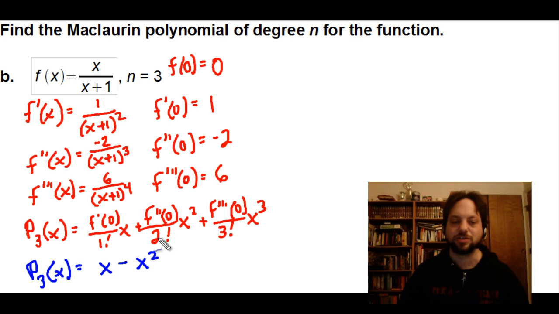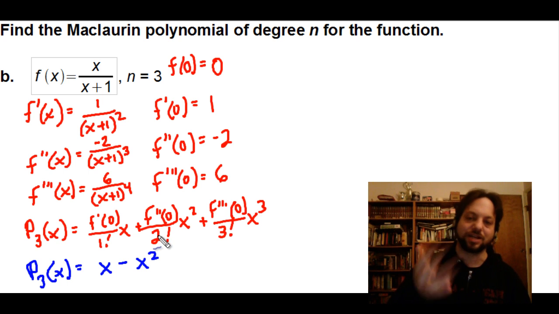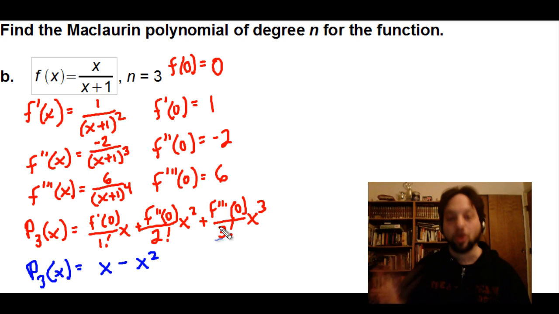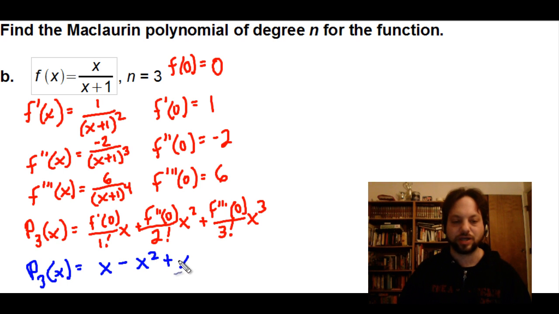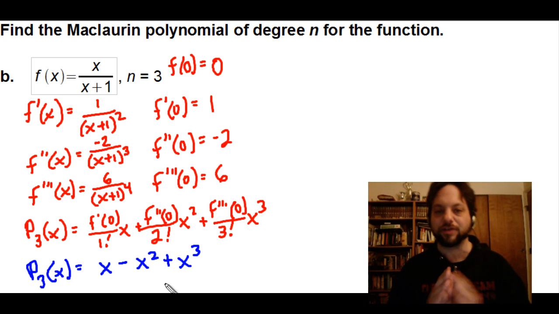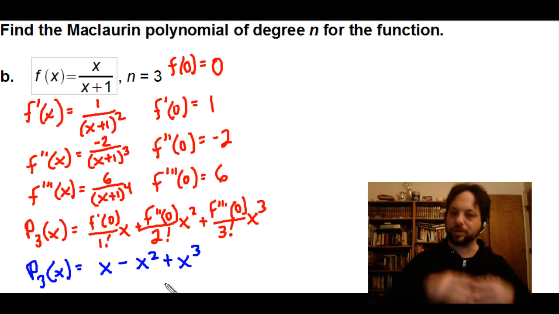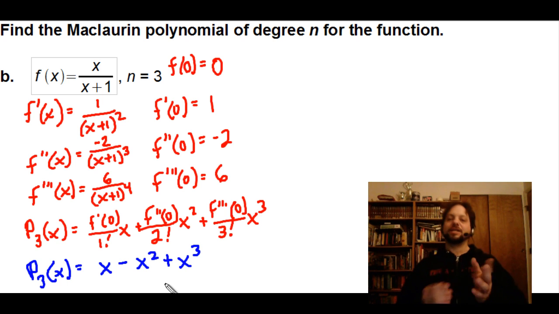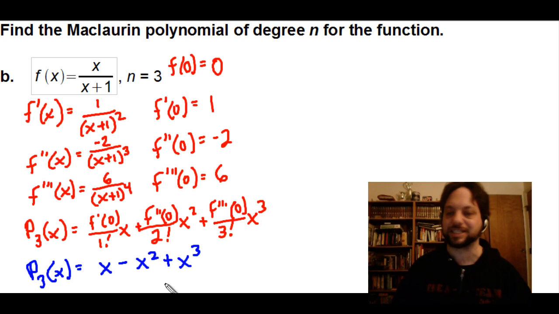I will have positive 2 on the bottom, so those essentially cancel out and just leave me with the negative sign. And then over here, this will be 6 over 3 factorial, which is 6, so I just have my x cubed. That seems like a very, very easy polynomial. There's no crazy coefficients, nothing strange going on. And it does behoove us to go ahead and check and see that this does work.